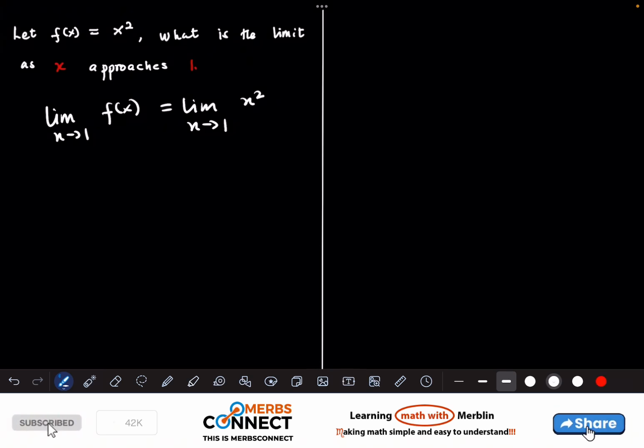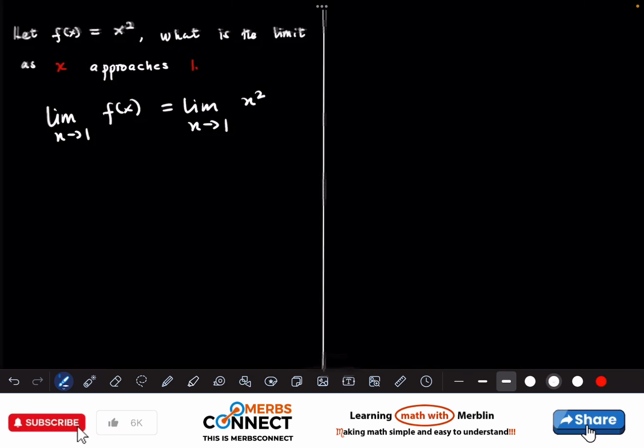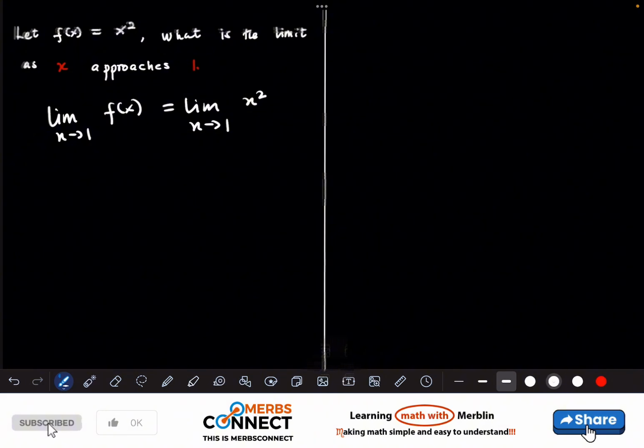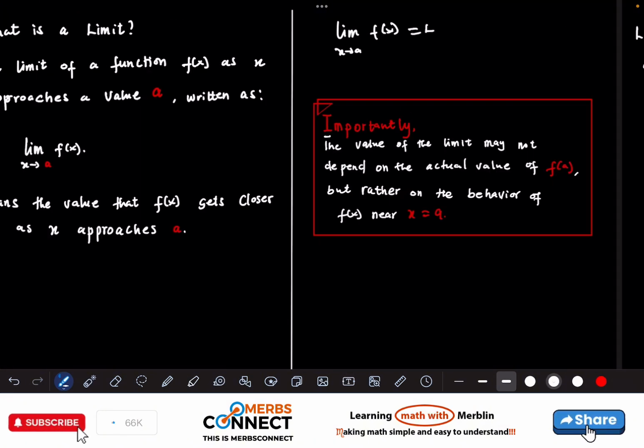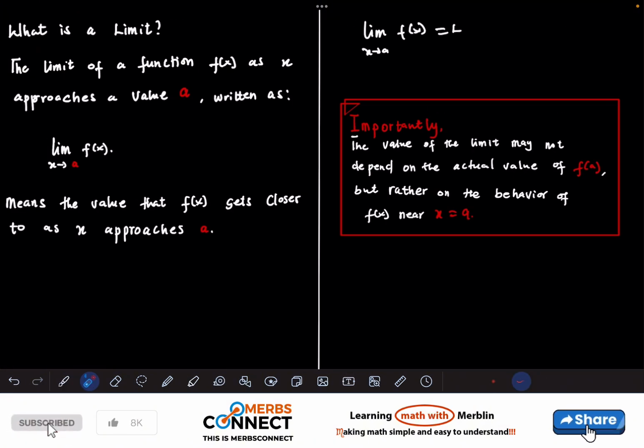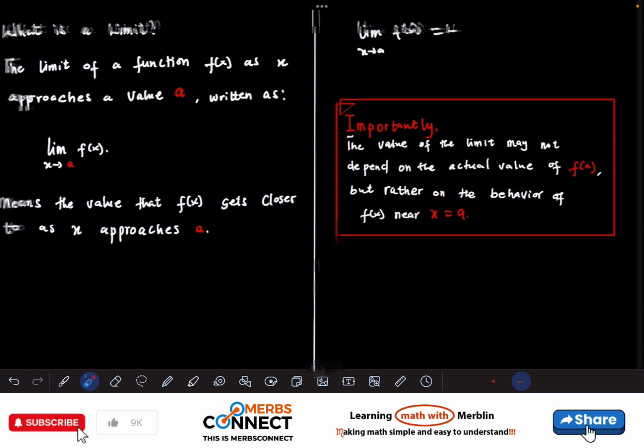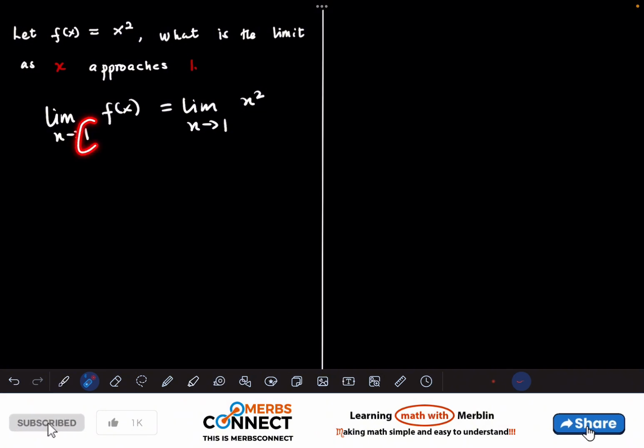Now we are going to pick some values which are getting close to 1, because we want to look at the behavior when x is getting near to a, which here is 1.